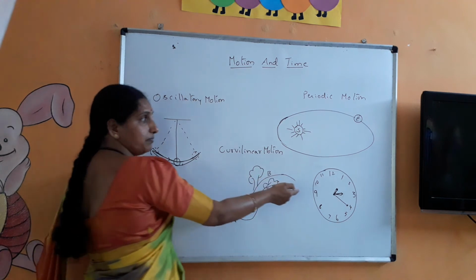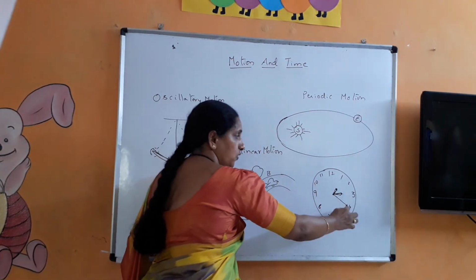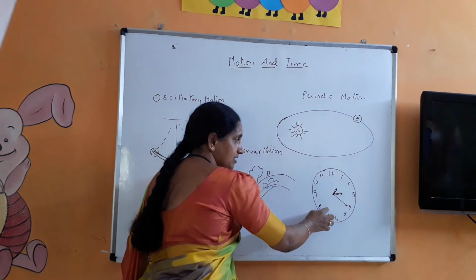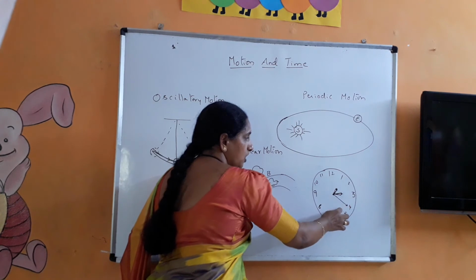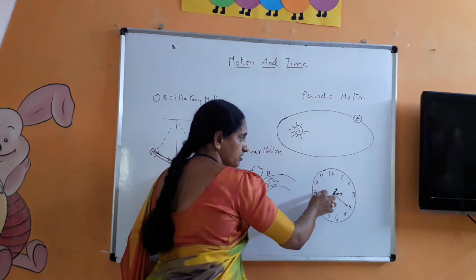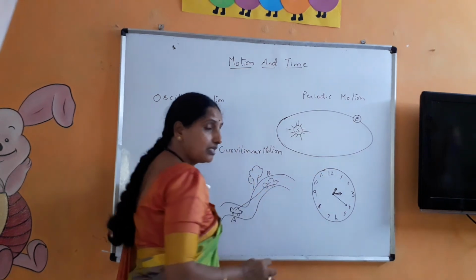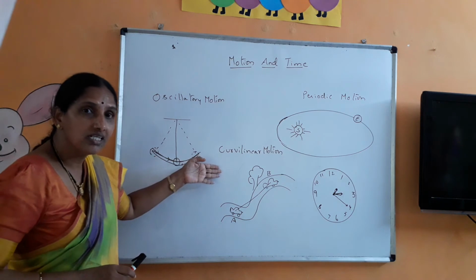Come to these examples. Do you find that this is changing its direction anywhere? No. Once it starts here, it moves in the clockwise direction. Even the minute's hand continues its journey in the same direction. But here, this is changing its direction.